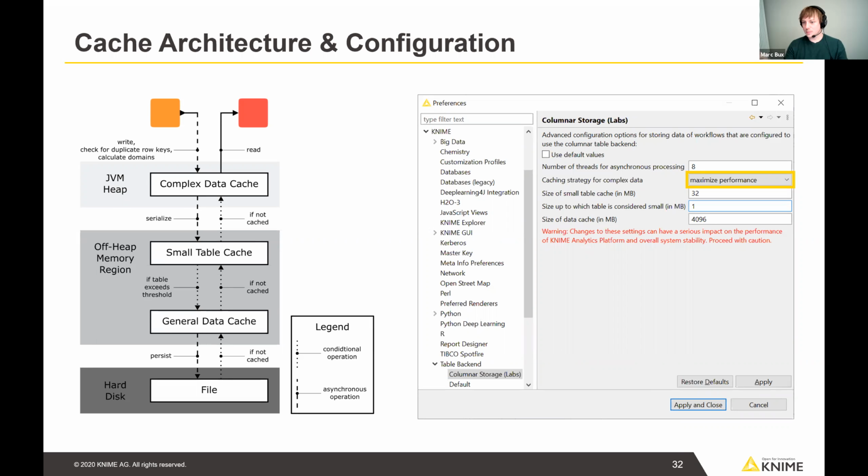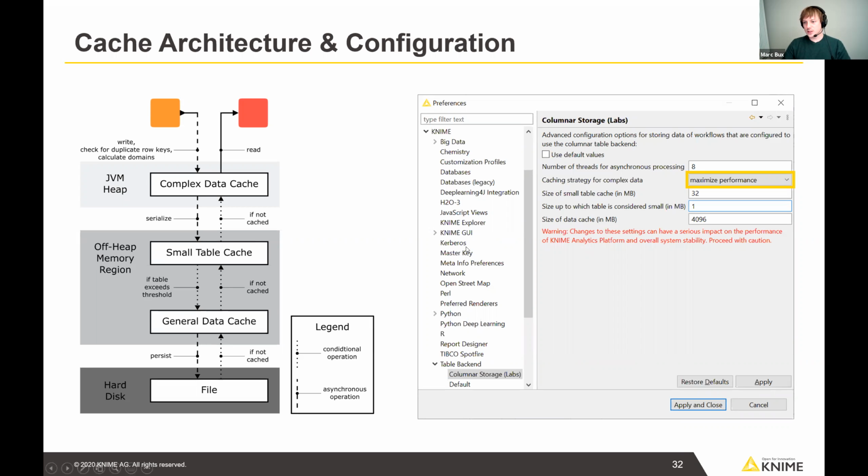Will you still experience GC pressure with this setting on? And the answer to this is maybe, but probably not as often, because this cache really only holds complex data. This cache really doesn't hold the primitives anymore, and doesn't hold these int cells anymore, and these double cells and these long cells.